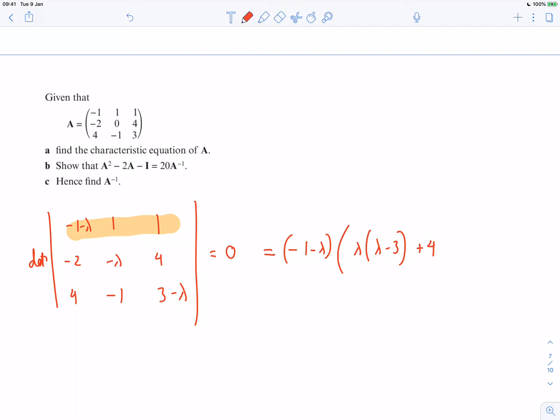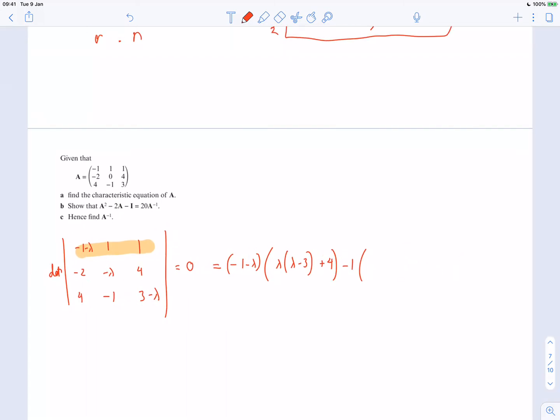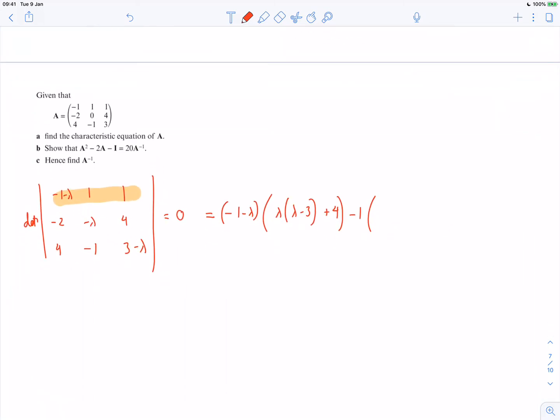Now remember the checkerboard, I now have minus 1 lots of, and now if I go along there and there, then I've got minus 2 lots of 3 minus lambda, which is 2 lots of lambda minus 3. If I distribute that minus out, minus the 4 times 4, the other product going that way, so that's going to be minus 16.